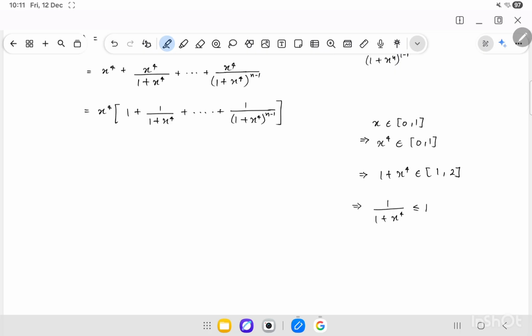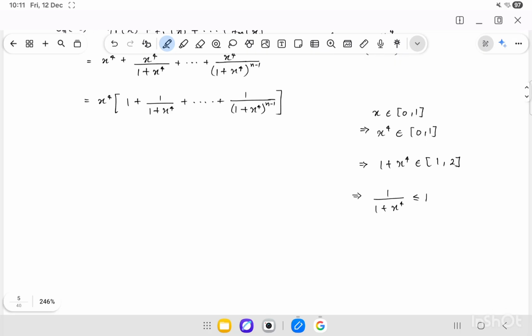So if you observe that, this will basically form a geometric progression with the common ratio less than 1. So it will be equal to x raised to 4 times (1 minus (1 divided by 1 plus x raised to 4) raised to n) divided by (1 minus 1 divided by 1 plus x raised to 4).